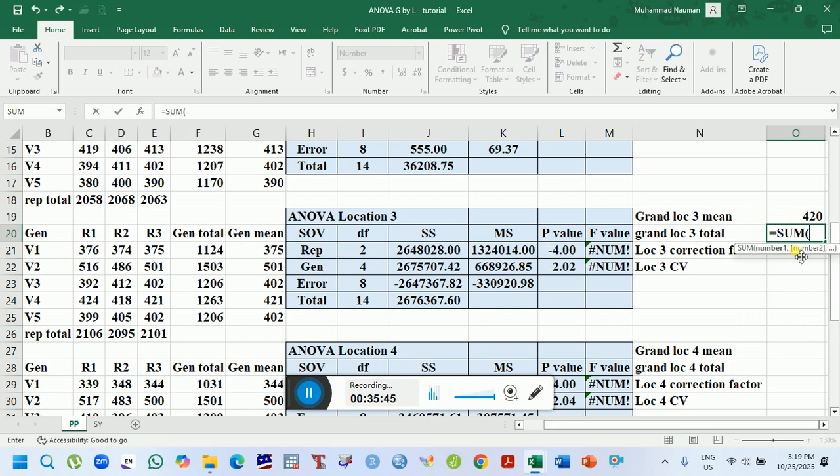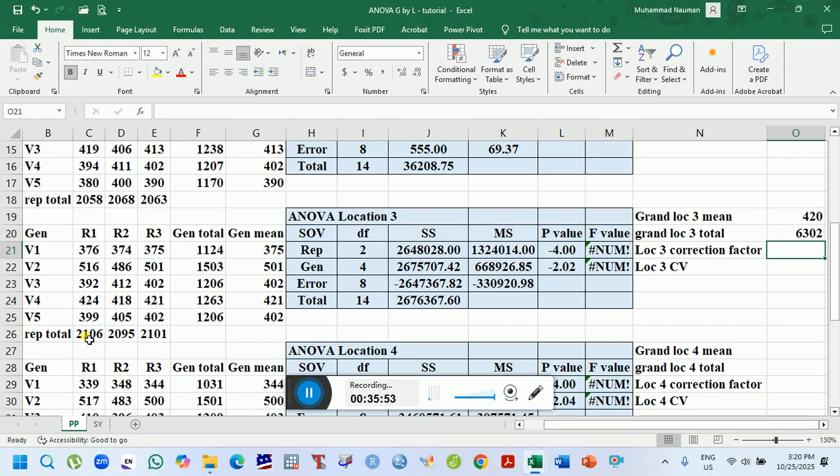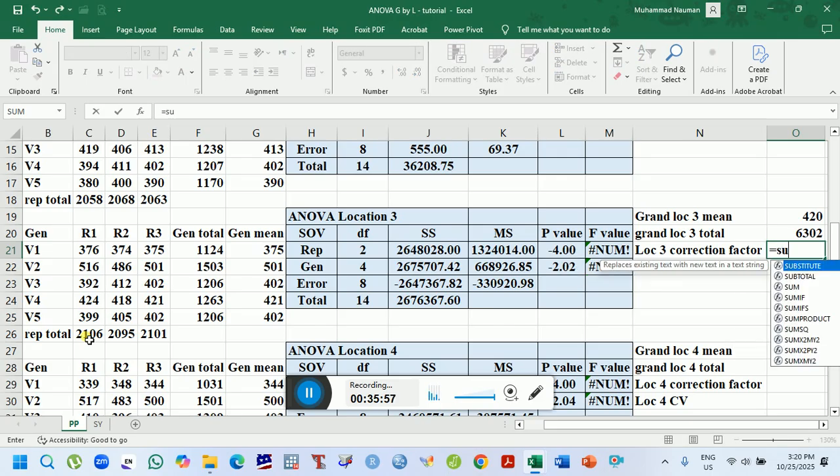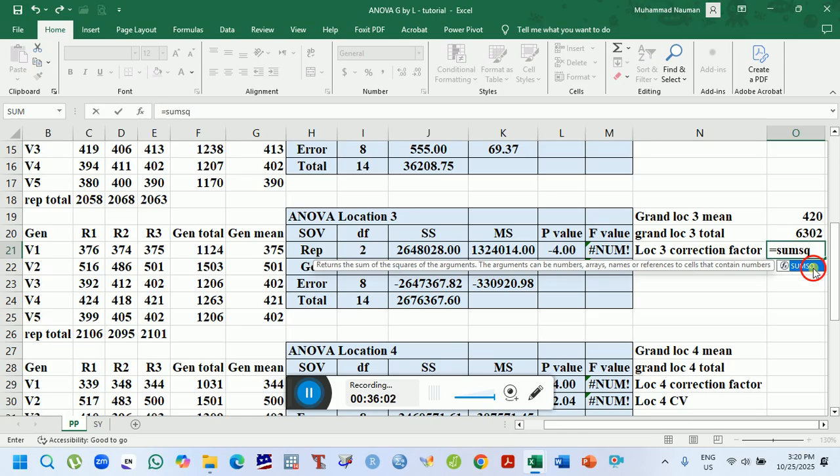Double click on sum. Press enter. And now we will calculate the correction factor is equal to SUMSQ, and then select the grand total.